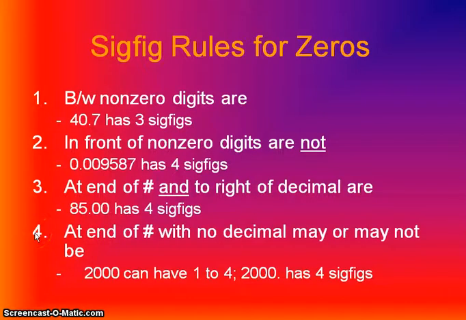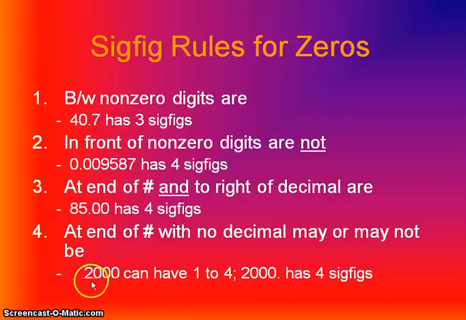Number 4, and the last one here, is that any zeros that come at the end of a number with no decimal may or may not be significant. So for instance, 2,000. Okay, there is no decimal place here. We know for a fact that the 2 is going to be significant. Then this 0 might be, this 0 might be, or this 0 might be.